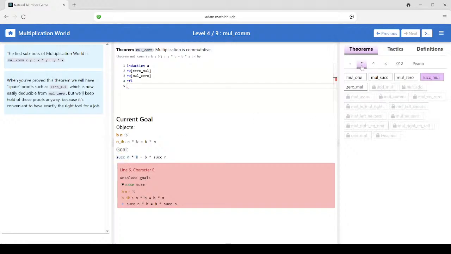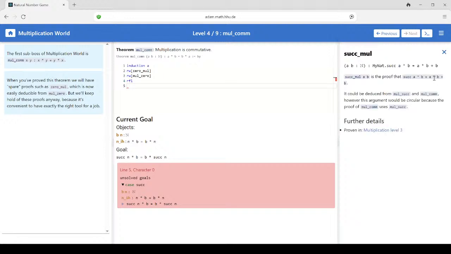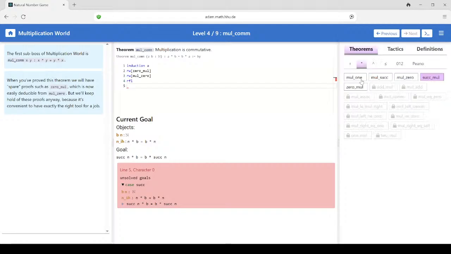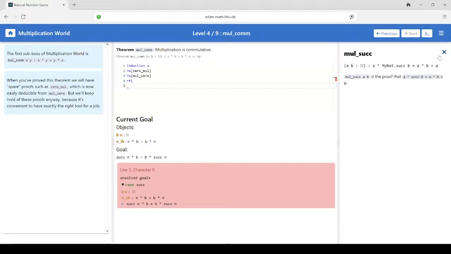So we should be able to use, we have successor multiply and we have multiply successor. And that should be all we need.